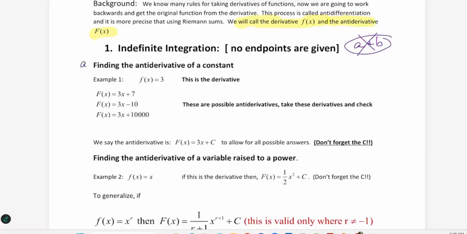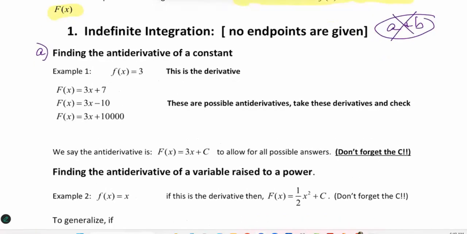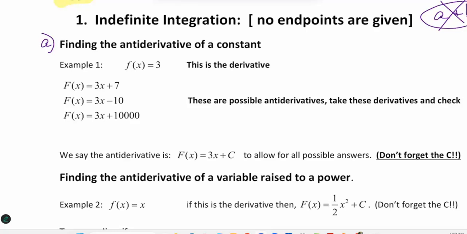So the first one is, how do I find the antiderivative when my derivative is a constant? So if you just think about that and you work backwards, all you have to do is add a variable to your constant, and that would make your antiderivative.